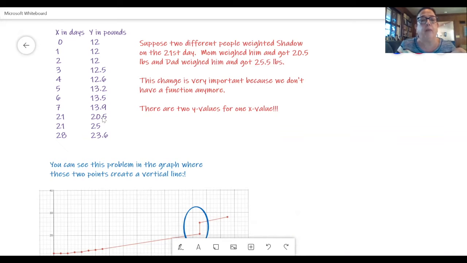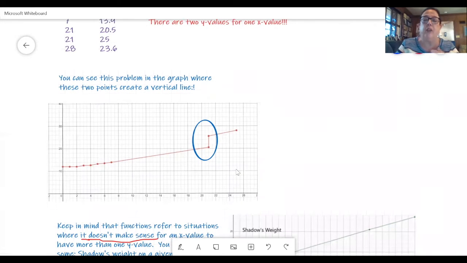It could be that they wrote the number differently, there's a 2 and a 5 in both, or that they read it differently. But there are two values here. And when you graph it, you can see there's a confusion. There's actually a vertical line, because on the 21st day, X equals 21, we have two possible weights. This is not a function.